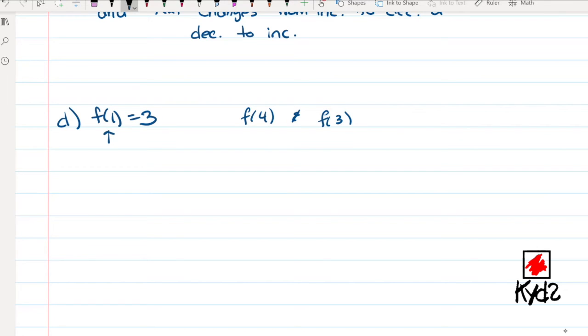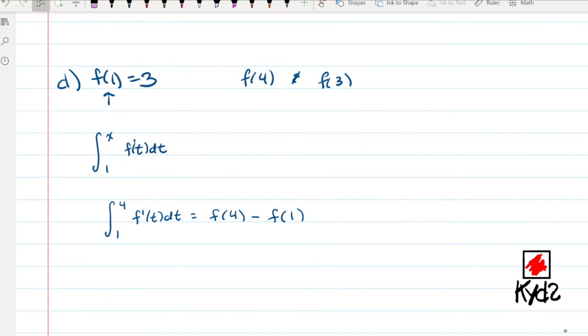So an integral that gives any value of f is going to be the integral from 1 to x of f prime of t dt. And if I want to find f of 4, it's going to be the integral from 1 to 4 of f prime of t dt, and that's going to equal f of 4 minus f of 1.